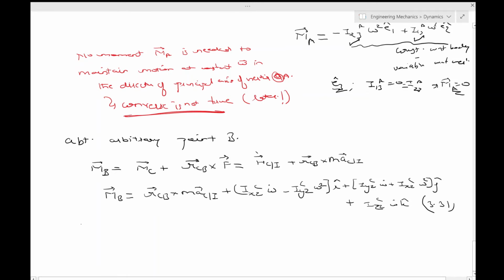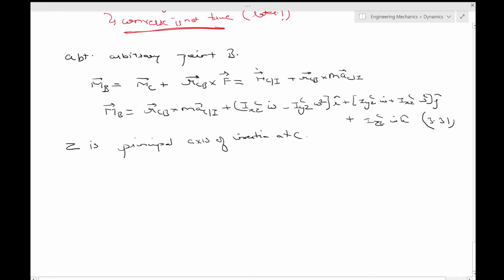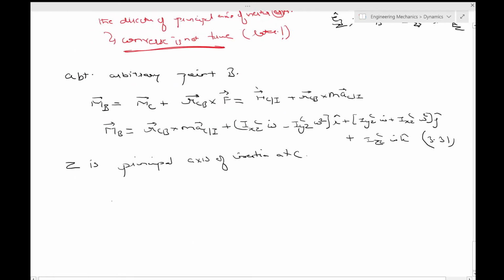So if z is the principal axis of inertia at C, then I xz and I yz will all be 0.